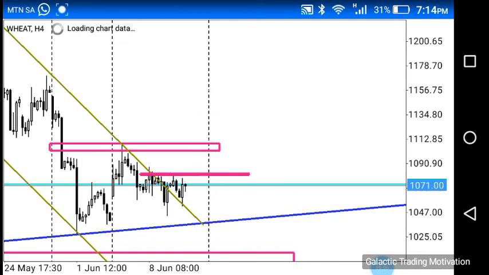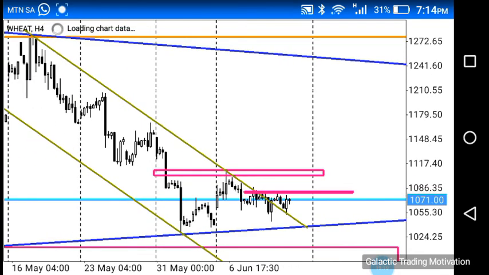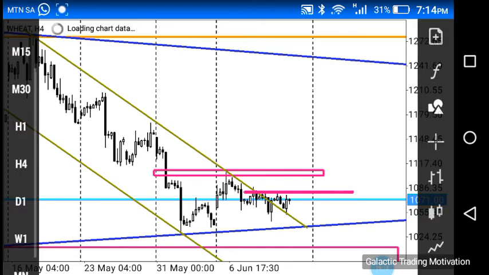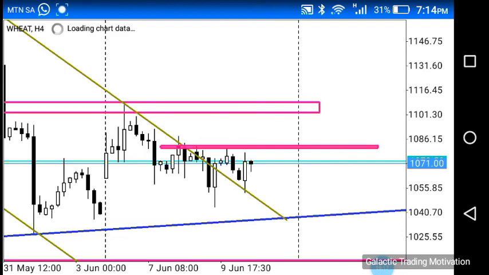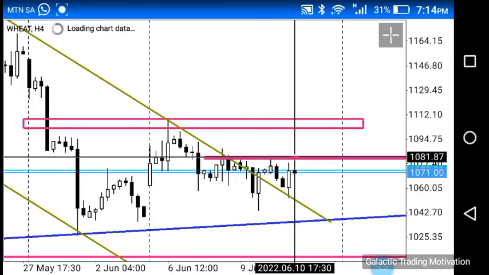So right now it looks like the bias is positive and that we need to be looking for buying opportunities. However, we just need to wait for price, in my humble opinion, to close above this zone over here.